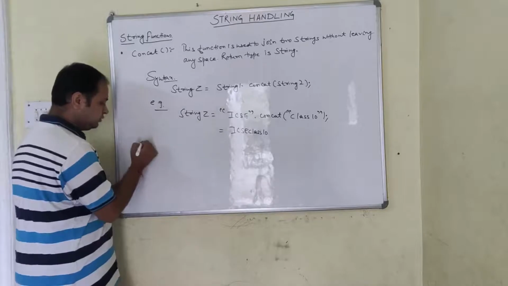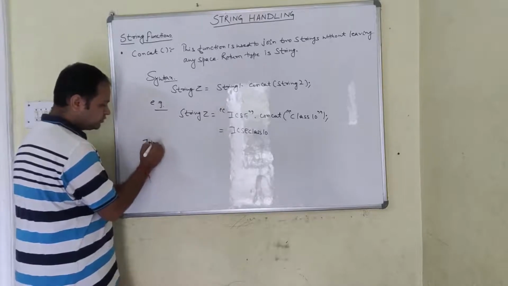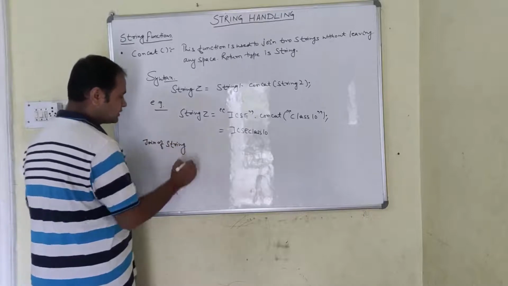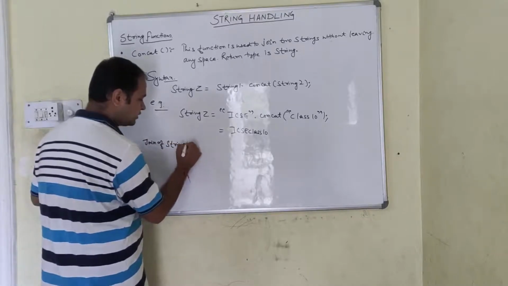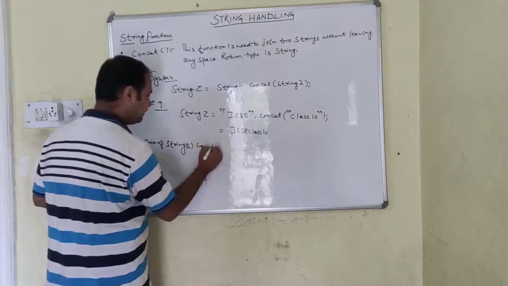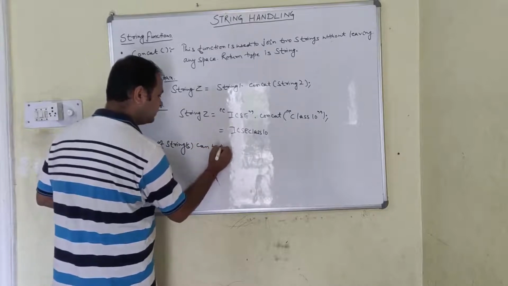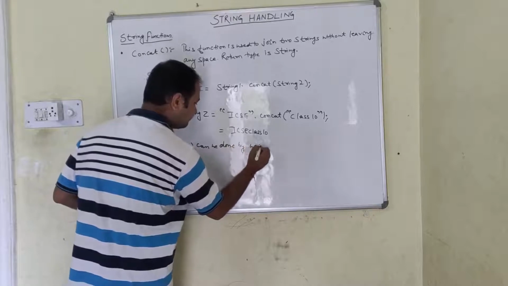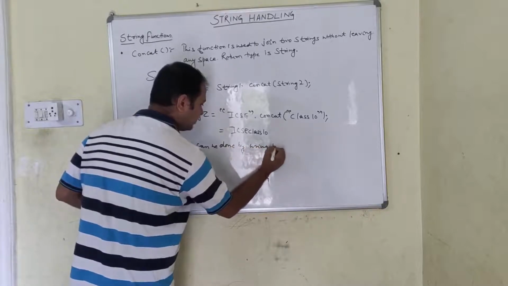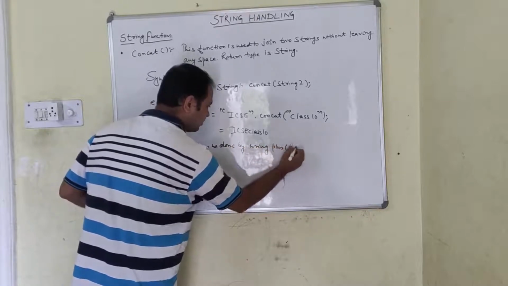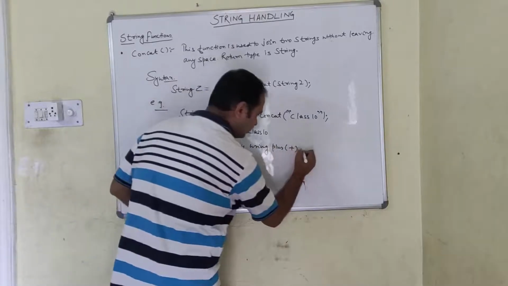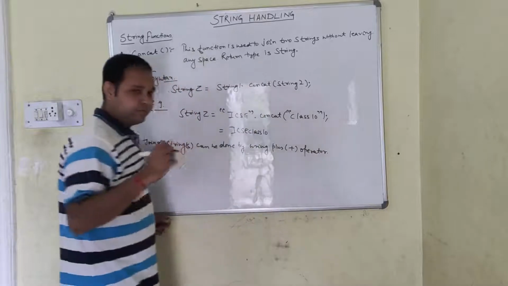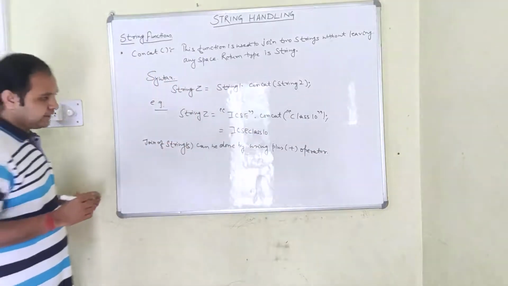Concat is joining of strings. Joining of strings can also be done by using the plus operator. It is more convenient to use plus as compared to concat.